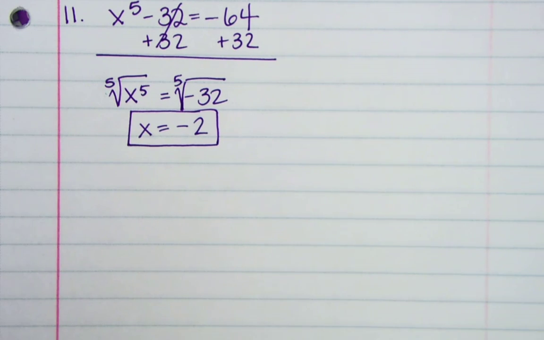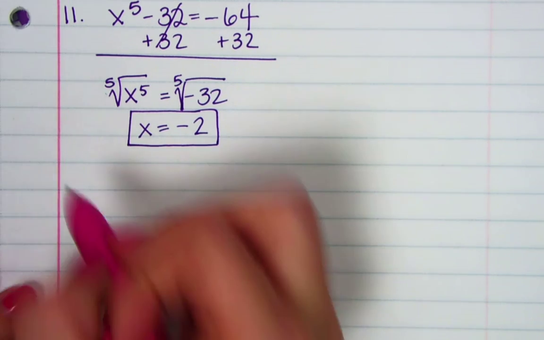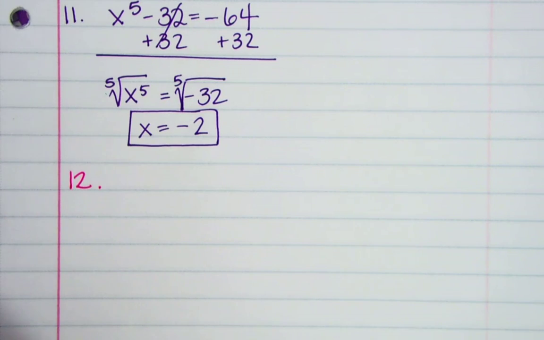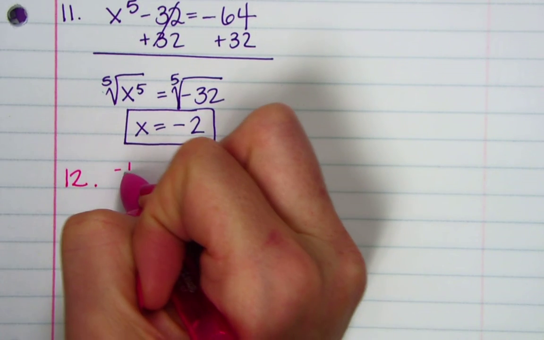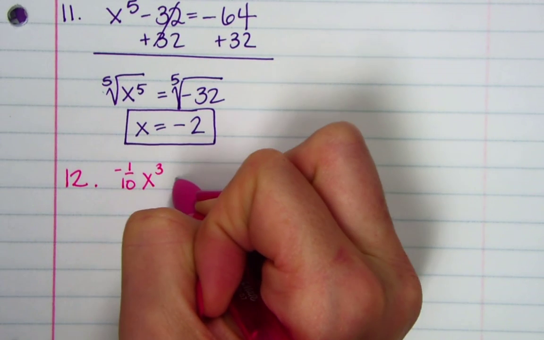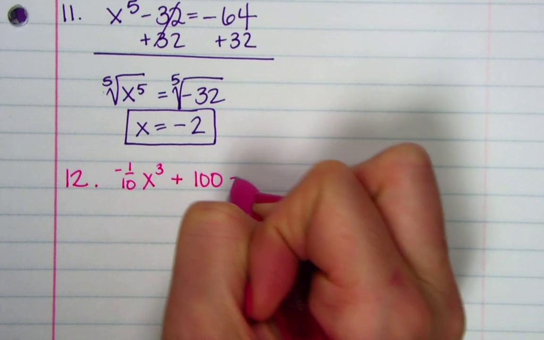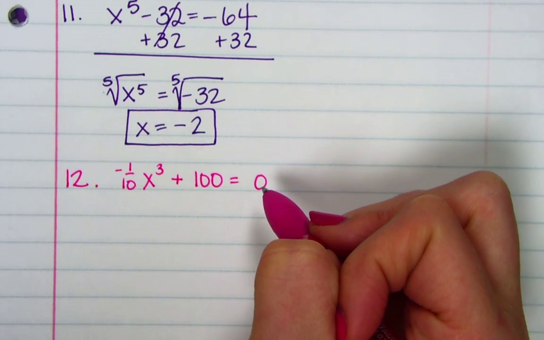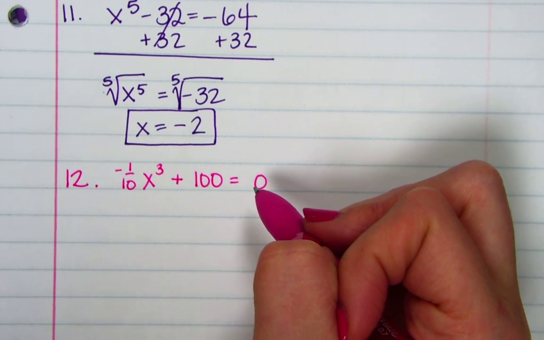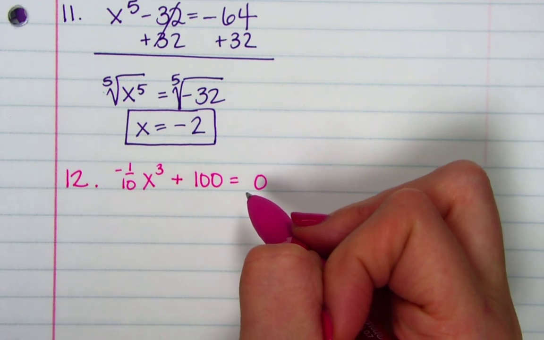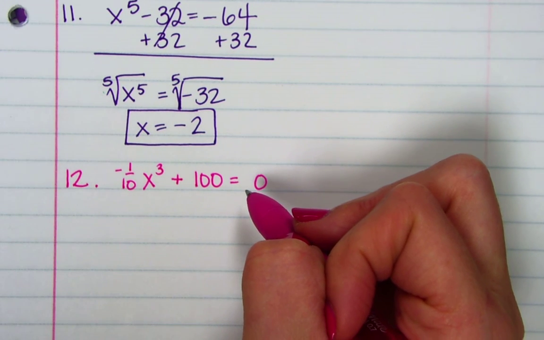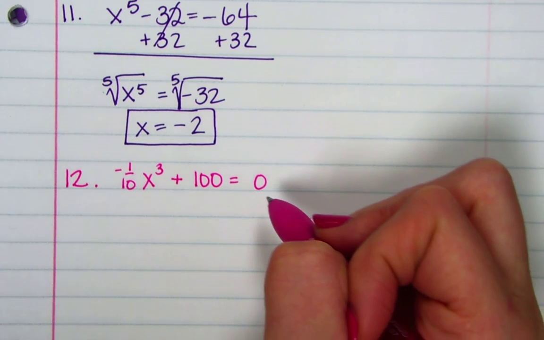All right, last one. Number 12. Negative 1/10 x cubed plus 100 equals 0. What first? Right.